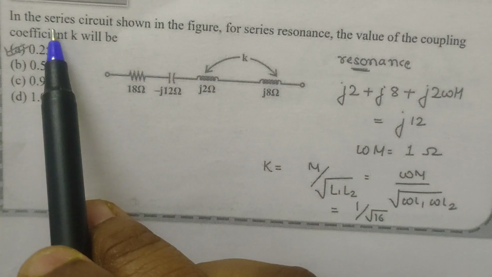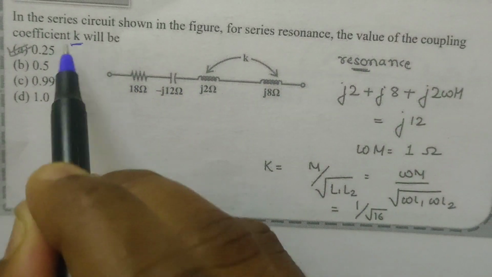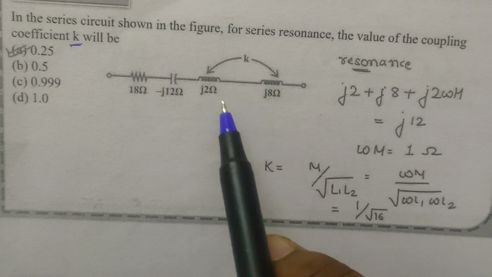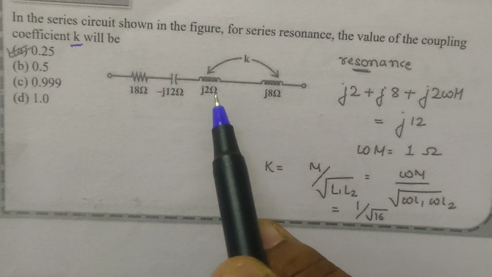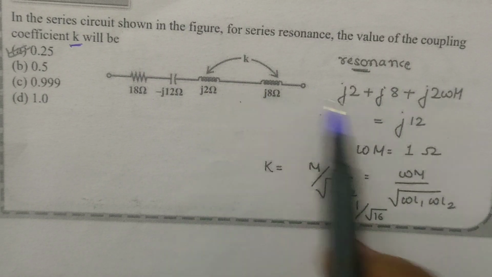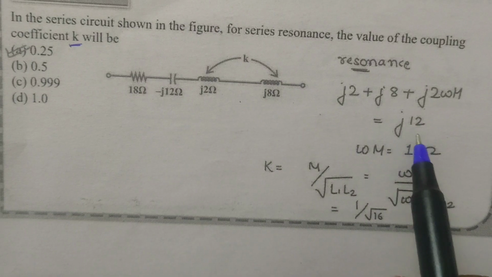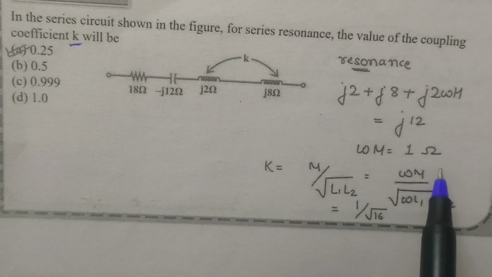In the series circuit shown in the figure for series resonance, find the value of K, the coupling coefficient, at resonance. Inductance can be written as J2 plus J8 plus J2 omega m, which is equals to J12. Don't take a negative value. You will get omega m.